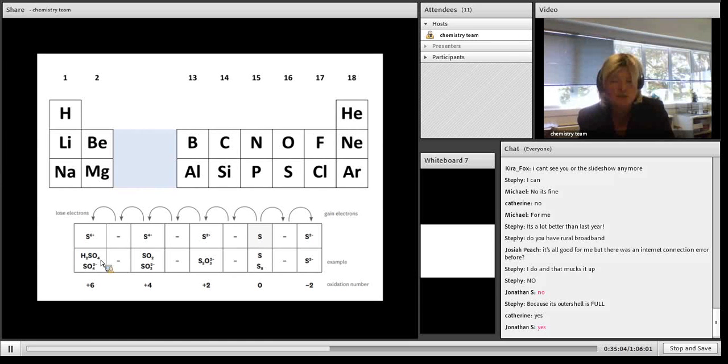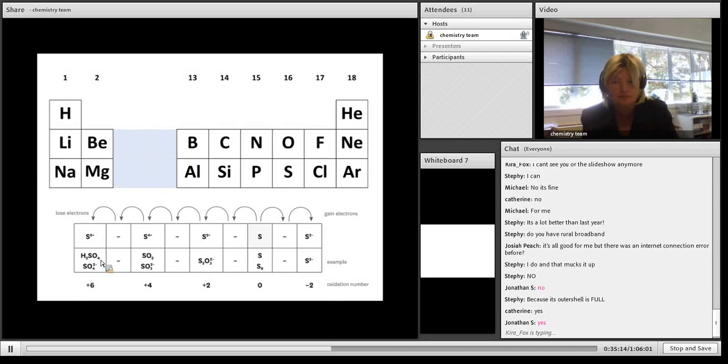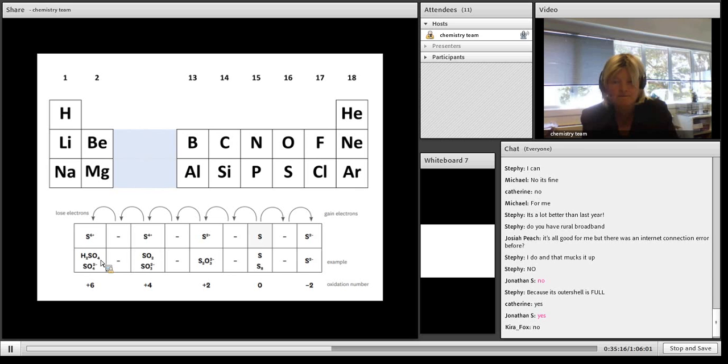Would it ever be a reductant? Remember the sad face for reductant, losing electrons. Could sulfate ever be a reductant? Okay, now I see Catherine and Jonathan have said yes, but I think that was to a previous question. Okay, yeah, so Kira, no, it can't.